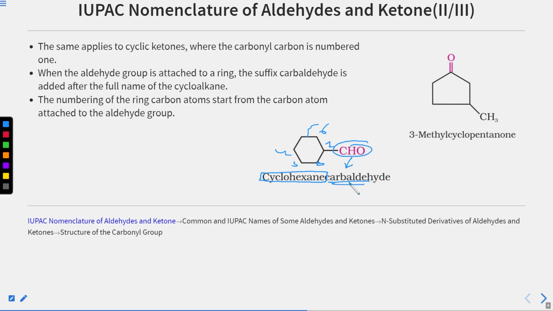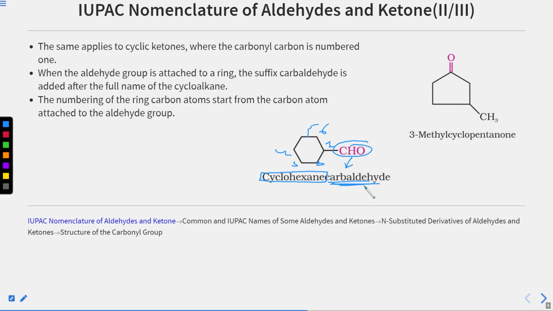So when an aldehyde group is attached directly to a cyclic ring, we write the whole name of the compound, and at last we number if there is another substituent. Otherwise we will directly write it as carbaldehyde. Clear? Okay.